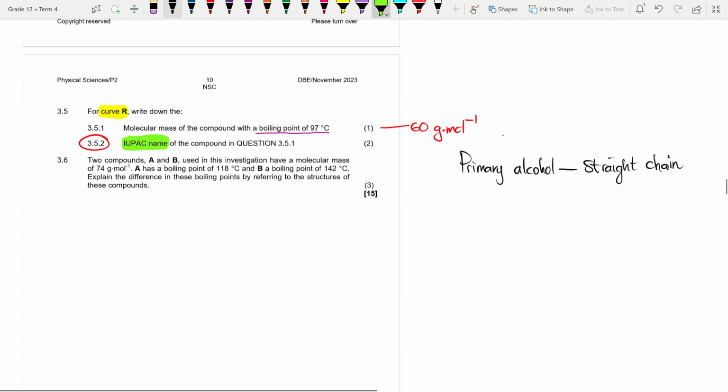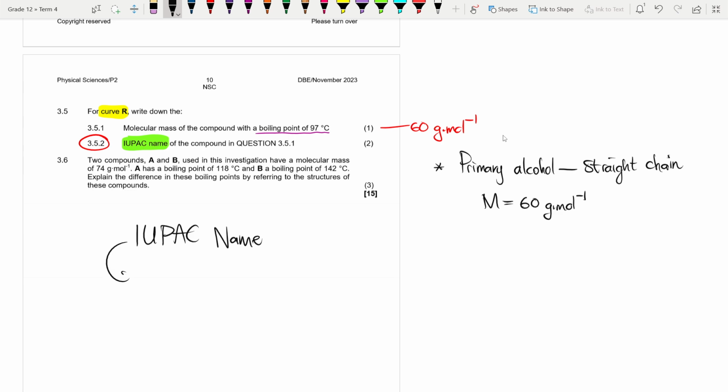I already started the question. This should be a primary alcohol and it should have a straight chain. Then the second thing that comes into my mind is, okay, I have the molar mass of this thing. The molar mass of this alcohol is 60 grams per mole. So how can I work out the IUPAC name? And before I can even have the IUPAC name, I should work out maybe the structural formula.